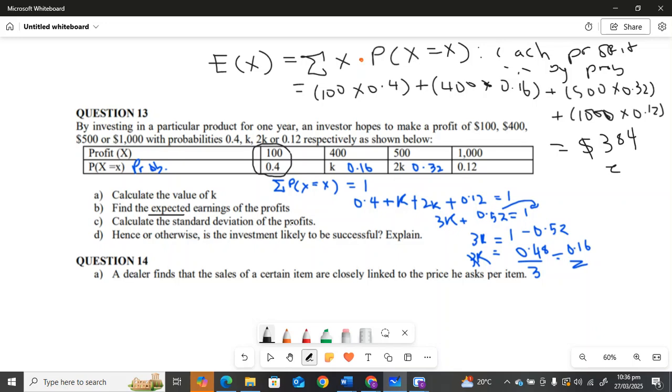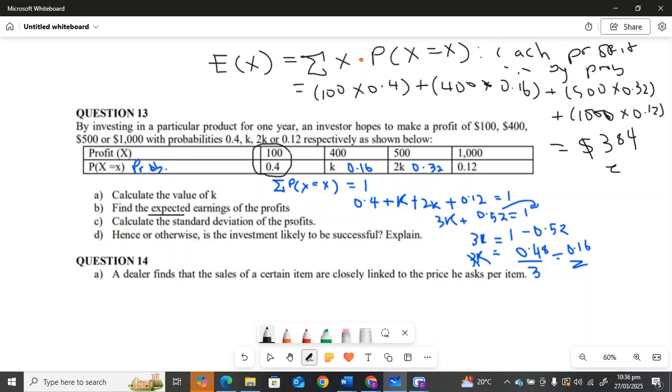For example, if we use our average 384, and profits are spread out, you can make maybe a profit of 2,000, or a loss of maybe negative 1,000. You can make a profit of 100 or 50. The profits will be fluctuating.